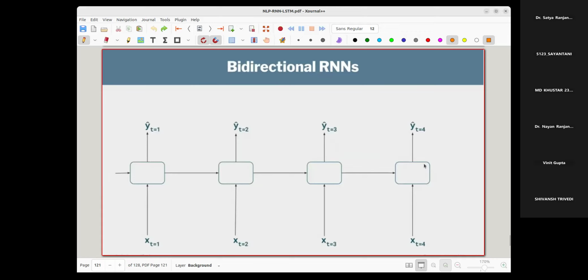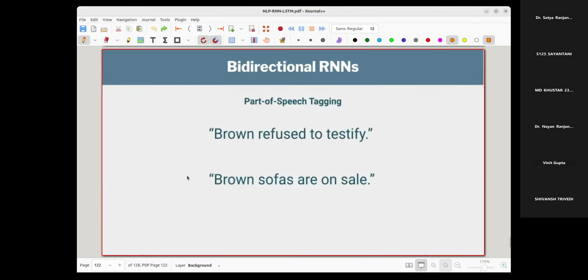You are not considering the next word because you have not gone there yet. But sometimes you need to consider the next words in order to correctly classify this time step T3, that is YT3 cap. For that you need another RNN which will move from right to left. It is generally required in part of speech tagging.